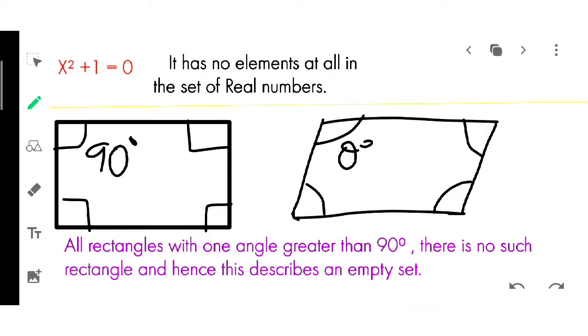Now we are going to consider an example: x square plus 1 equal to 0. We have to solve this equation, that is, the left hand side must be equal to the right hand side. To solve that, we have to substitute values for x from minus infinity to plus infinity.